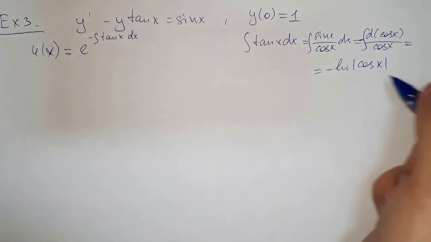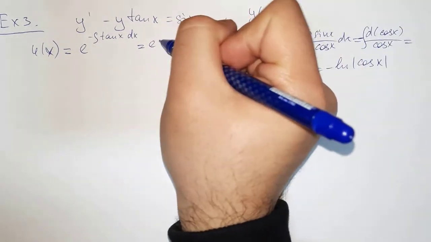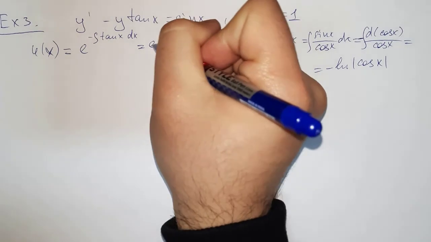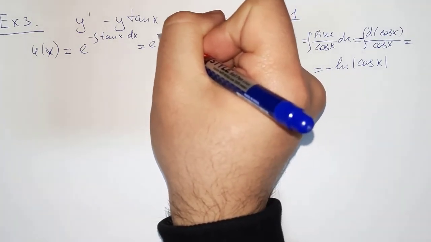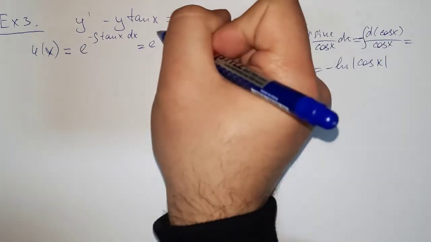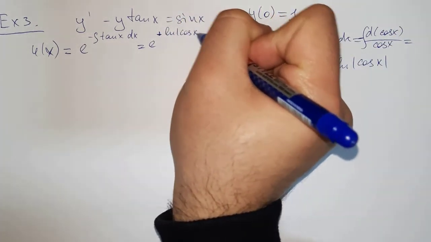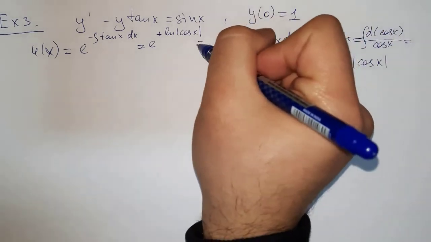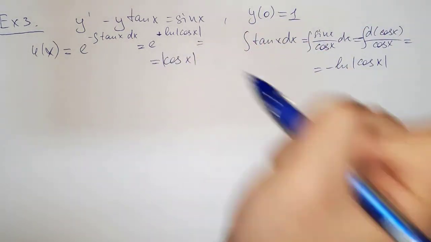Now we don't need this constant here, since we'll add the constant in our general solution. So it will be e to the power of minus, and with two minuses we have just natural logarithm of cosine x. This is the integrating factor, so it equals cosine x, of course in absolute value.